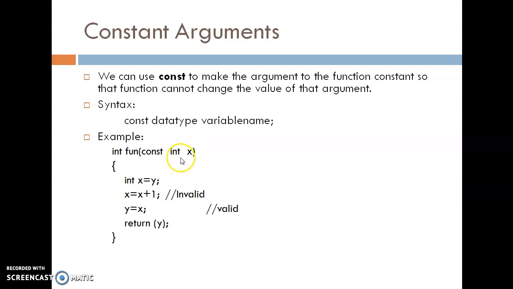So if x is a constant argument, then we are not able to change the value of x. We can copy the value of x to y. That is valid. And return y. So out of these 4 statements, only this statement is not valid, because here we are going to change the value of x. That is not allowed here.